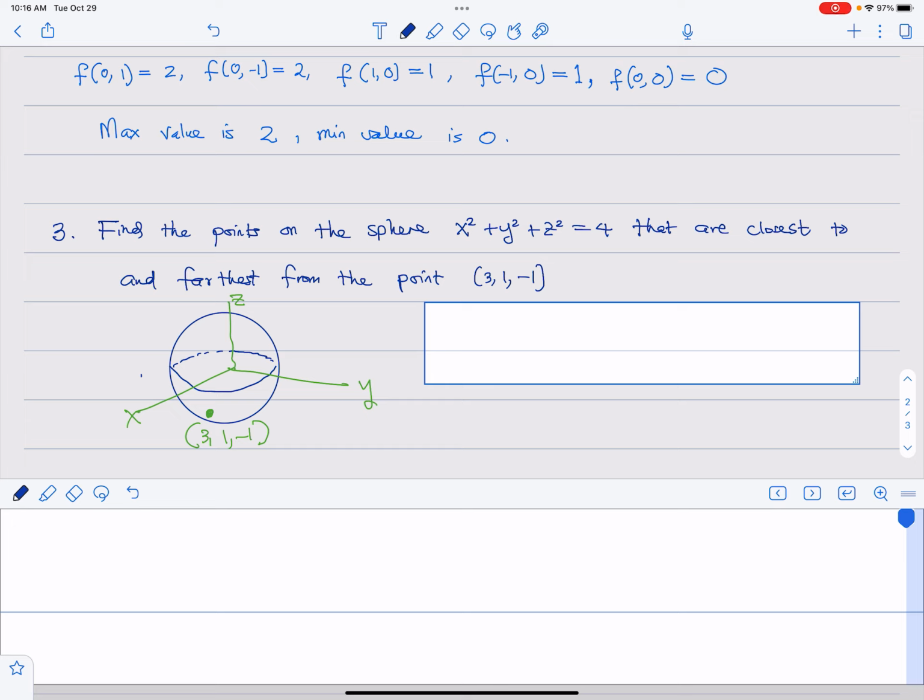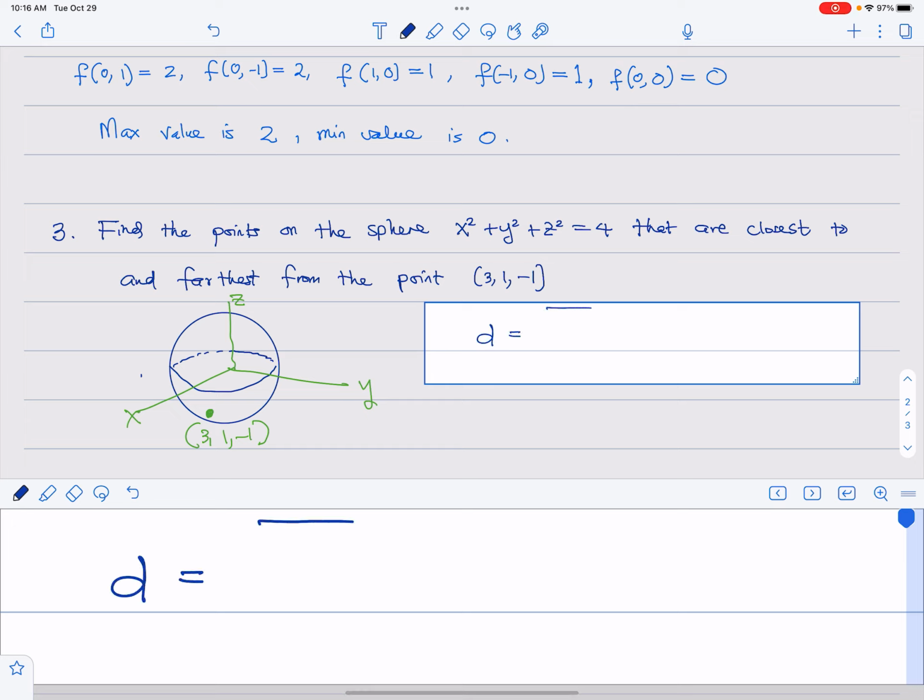So this distance should be d is equal to the square root, or first of all, how about we just assume that any point on the sphere has coordinates x, y, z. So let's just take any random point on the sphere.